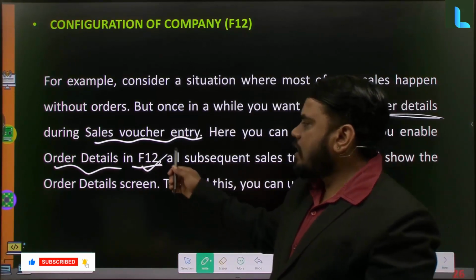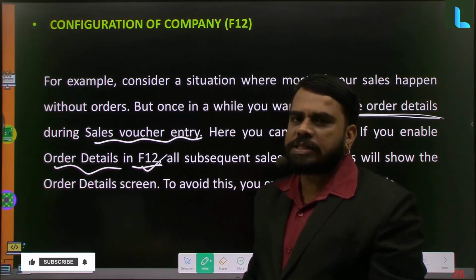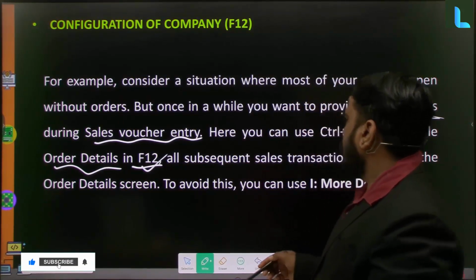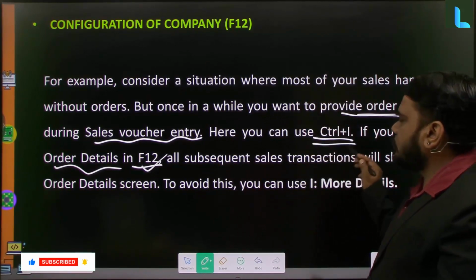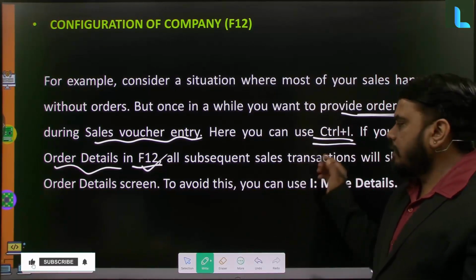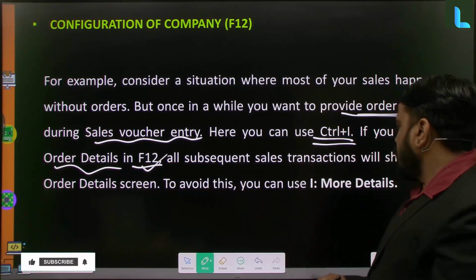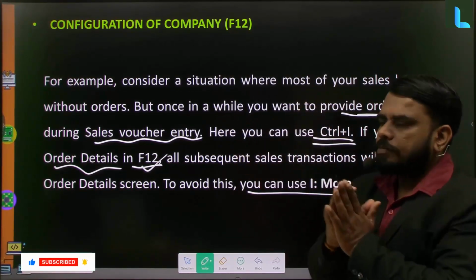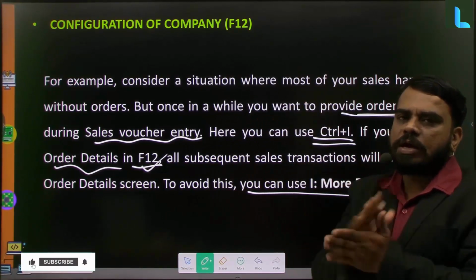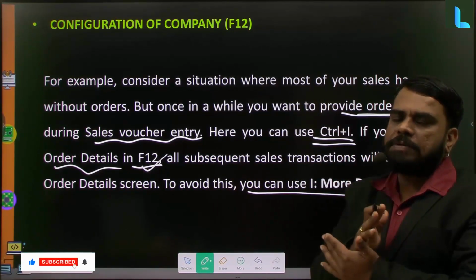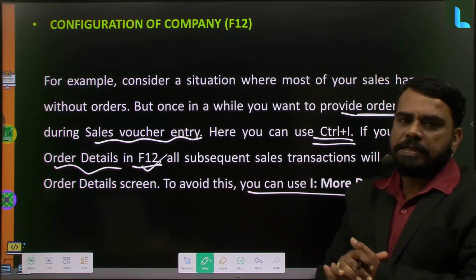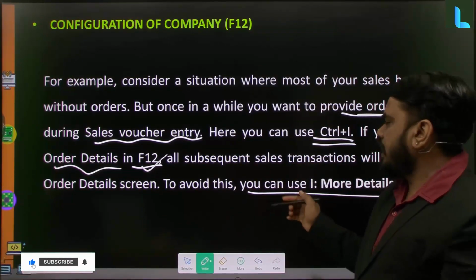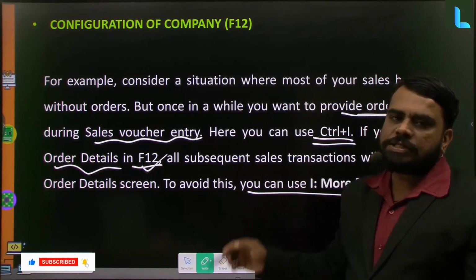So instead of using the F12 configuration, if we use the Ctrl+I shortcut, that is the More Details option, whatever settings we do will be applicable only for that particular voucher or screen or master. It will not be applicable for the entire application. This is how we can use the Tally configuration options.